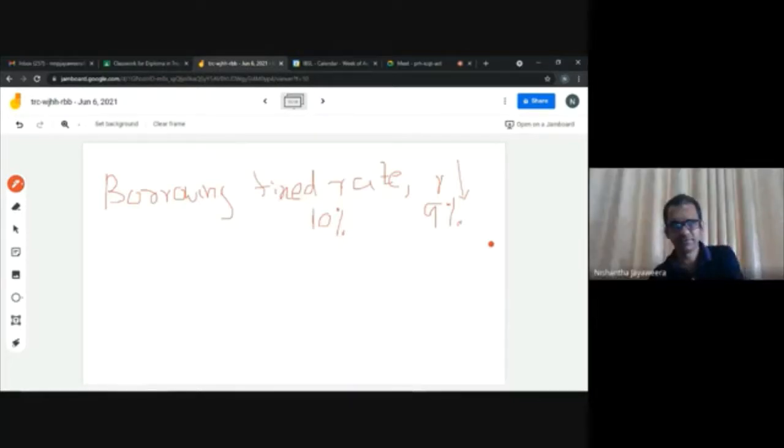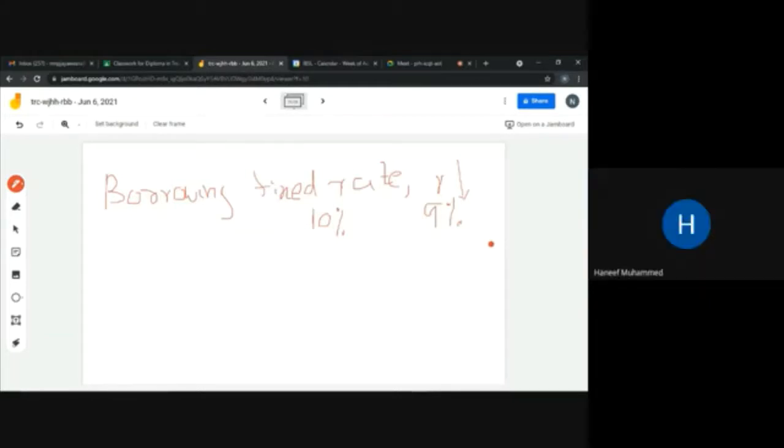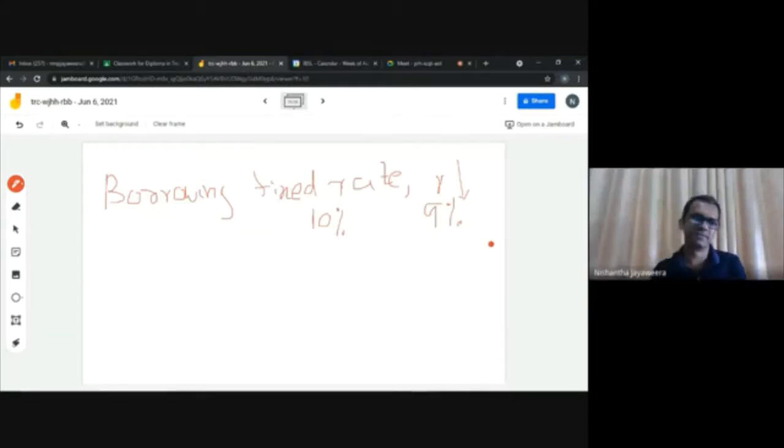Is there any problem for you? We are overpaying interest if it's going down. When the interest rate goes down, you are still paying the historical fixed rate. There's a opportunity cost.